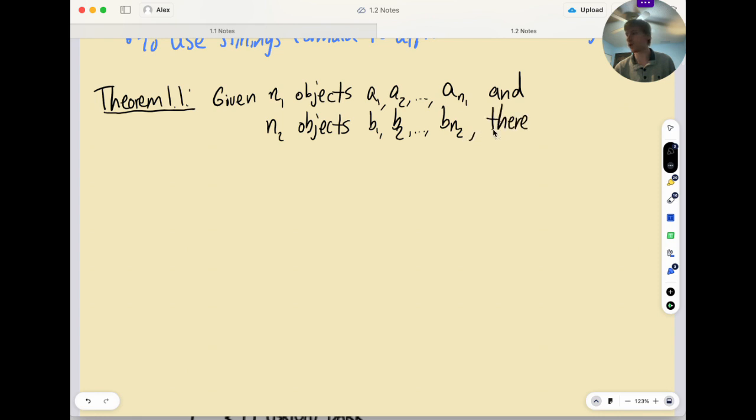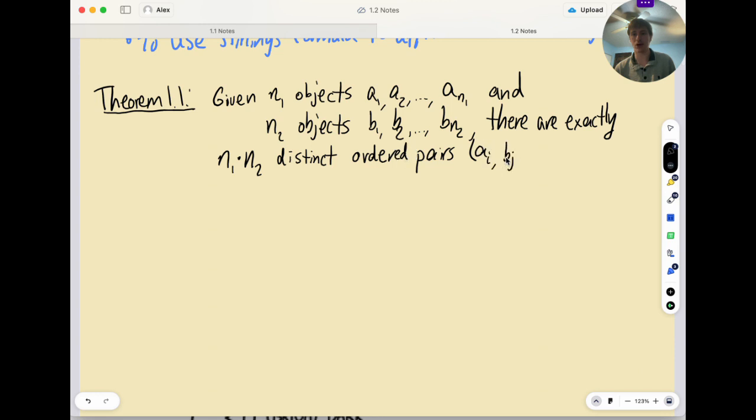So if we have that situation, then there are exactly n1 times n2 distinct ordered pairs of the form a sub i and b sub j, where i is either 1, 2, all the way up to n1, and j is 1, 2, all the way up to n2.